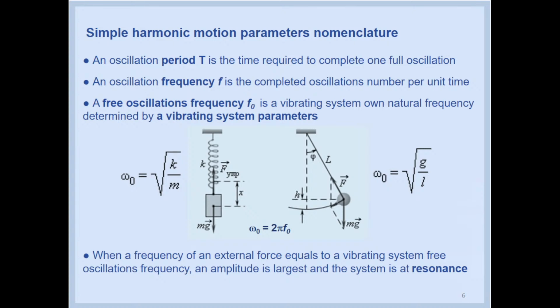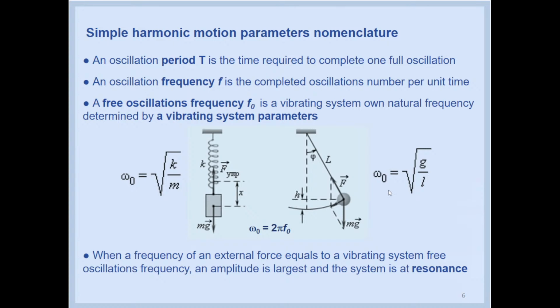Look, let's come back a little to this natural own frequency of the free oscillating system motion. You can see for this vibrating system, the circular natural frequency is determined by the elasticity coefficient of the spring, and the mass of the body attached to the spring.